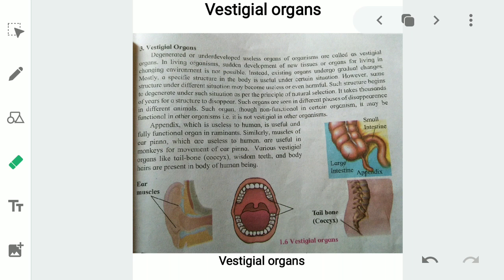Why are tails present in animals? To balance the body as they jump from one tree to another. Humans don't jump from tree to tree, right? So we have degenerated the tail, but we have a small tailbone at our back. As you can see in the image, the tailbone is also called the coccyx.